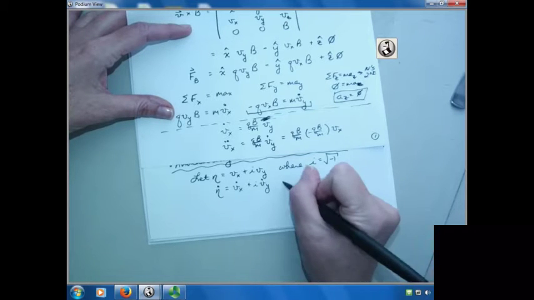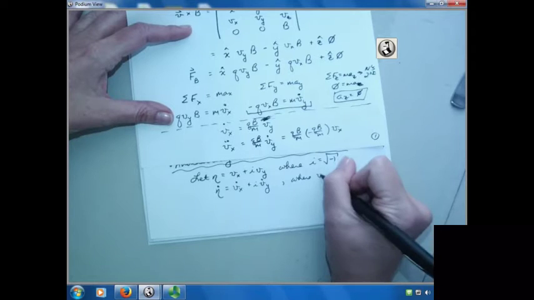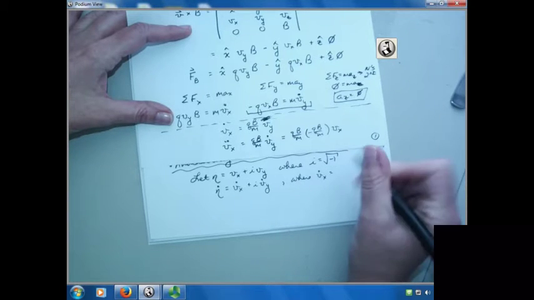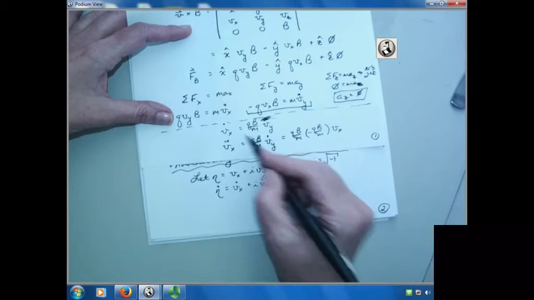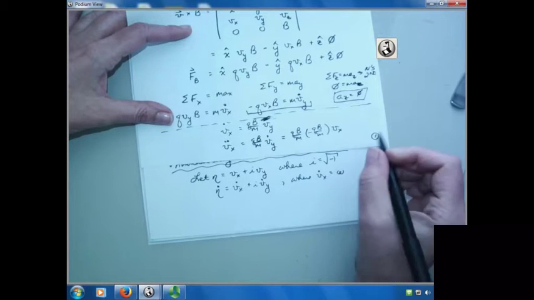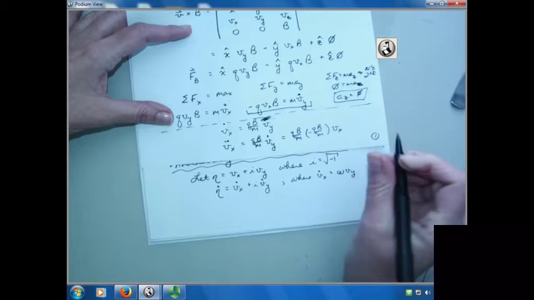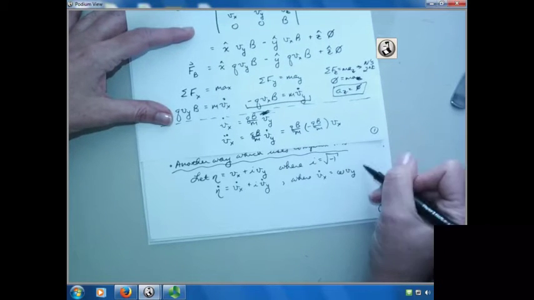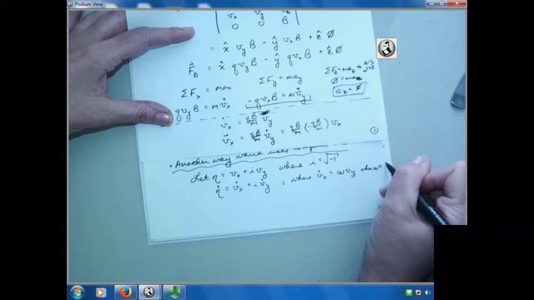From Newton's second law in the x direction, Vx dot is equal to QB over M, which I also chose to call omega later on, times Vy, where omega equals QB over M. I need to give myself more room for that.